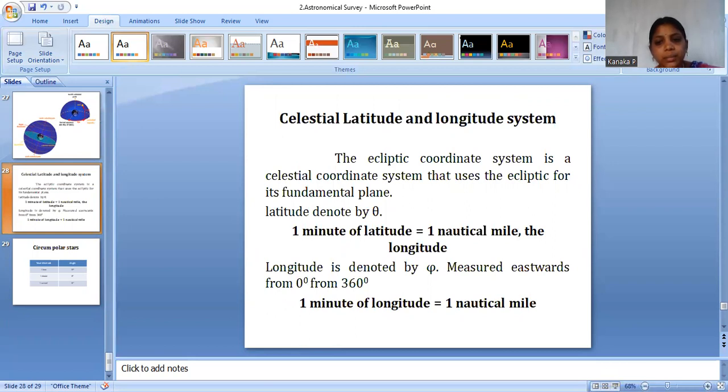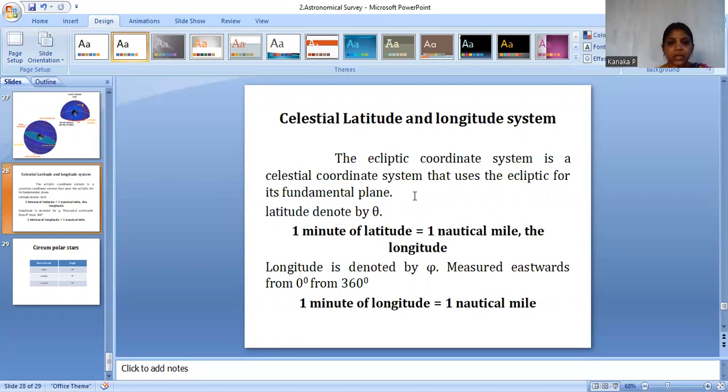Latitude is denoted by theta. One minute of latitude equals 1 nautical mile. The longitude is denoted by phi, measured eastwards from 0 to 360 degrees. One minute of longitude equals 1 nautical mile. So this is the latitude and longitude system.